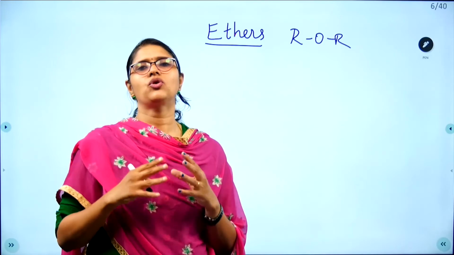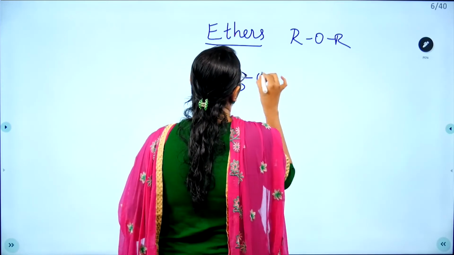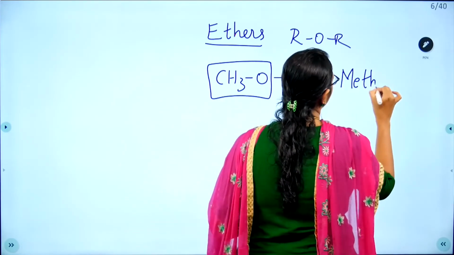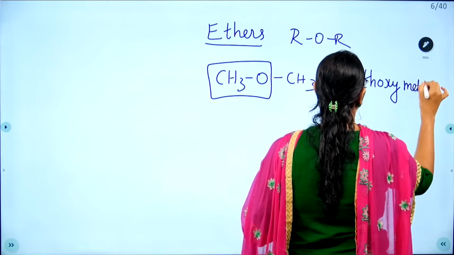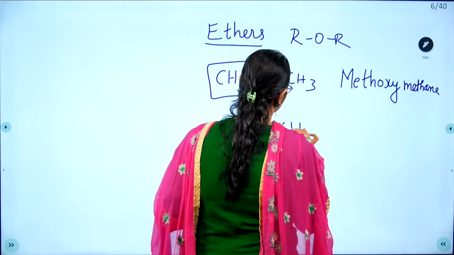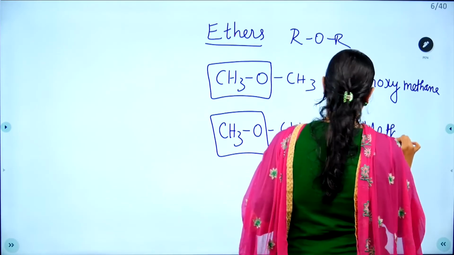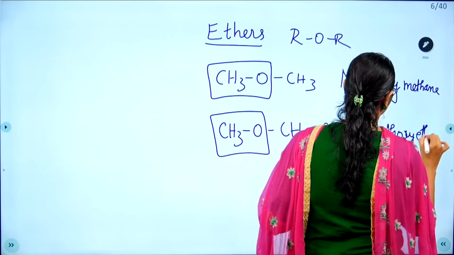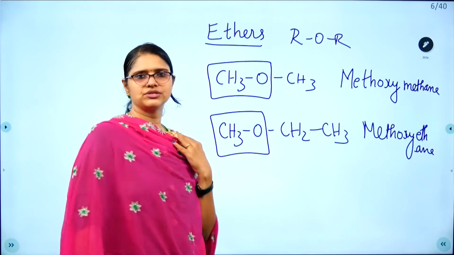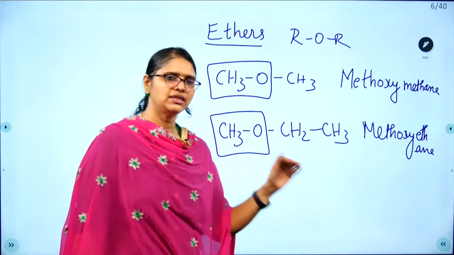It should be alkoxyalkane. CH3OCH3 is methoxymethane. CH3OCH2CH3: you take the oxygen side with the smaller number of carbon atoms as alkoxy, and the longest carbon chain is 2, so it is methoxyethane.